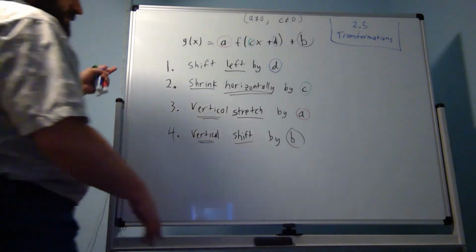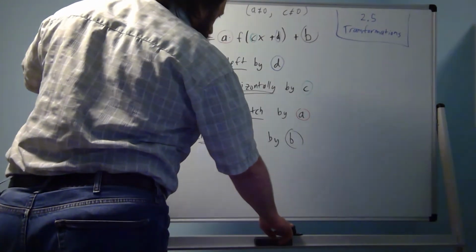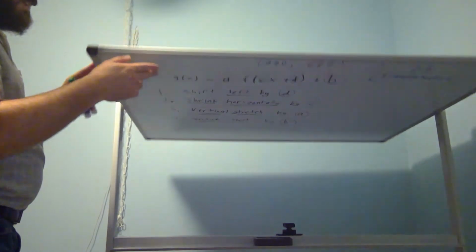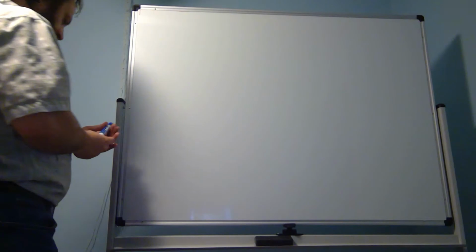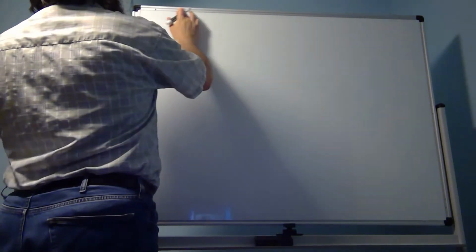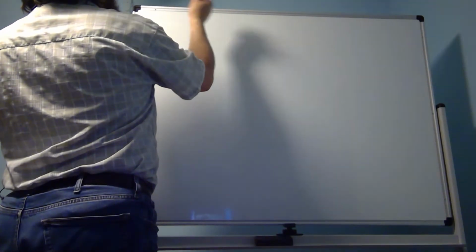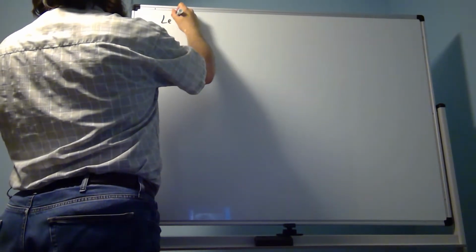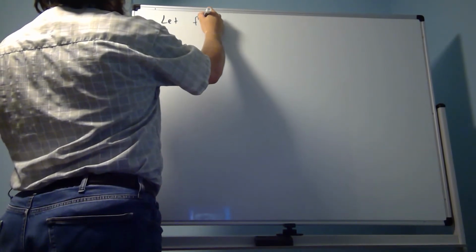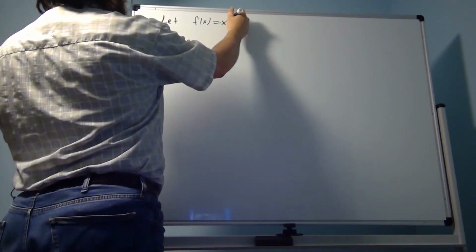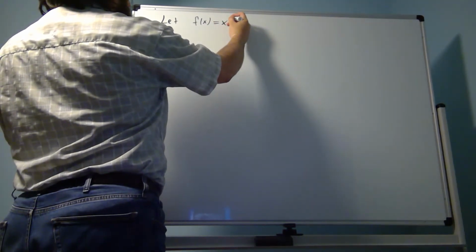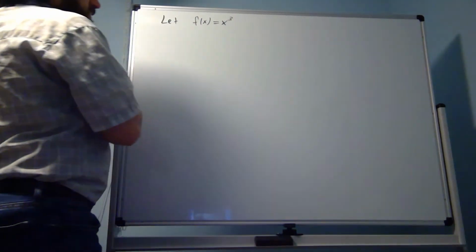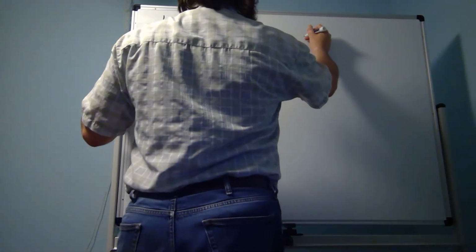So let's do that. Let's look at a few different ones. Let's do f of x is equal to x cubed. I'm going to draw kind of big.